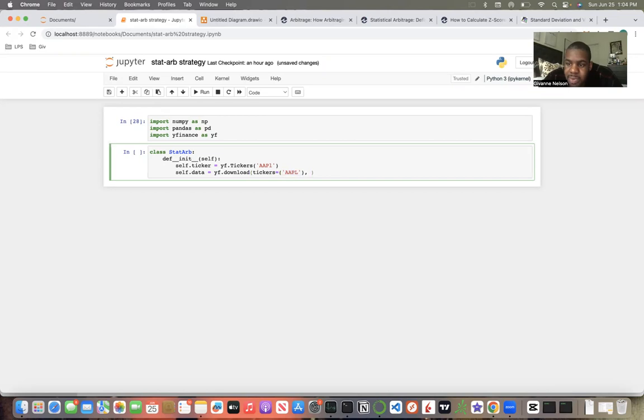And for this, we've got to set the period to be 1 year because we need 1 year's worth of data to figure out the average. Interval, we're just going to focus on day data.